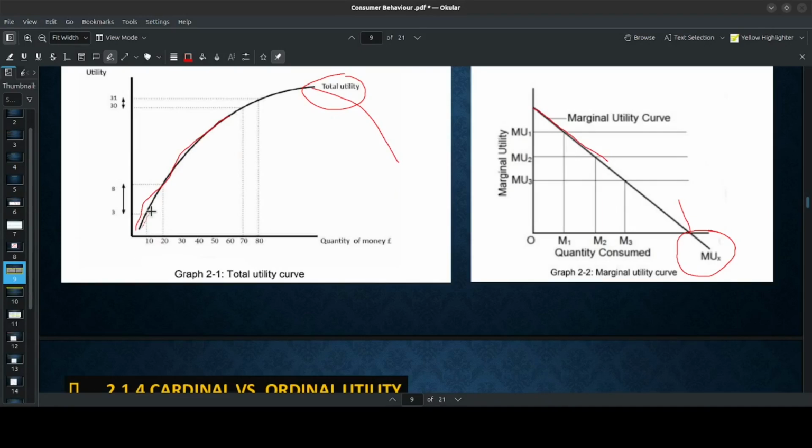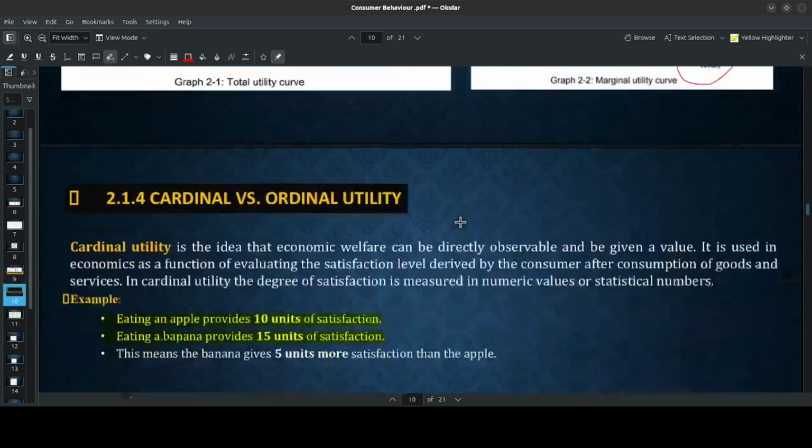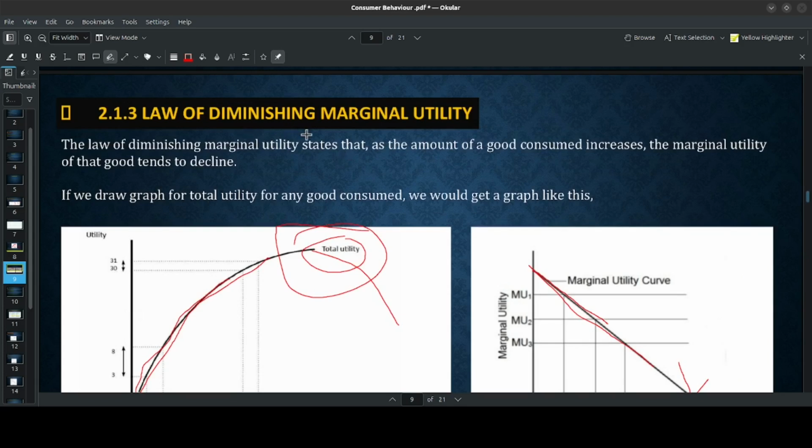Total utility increases but marginal utility decreases. When total utility is at maximum, marginal utility is 0. When total utility decreases, marginal utility is negative. This law is called the law of diminishing marginal utility.